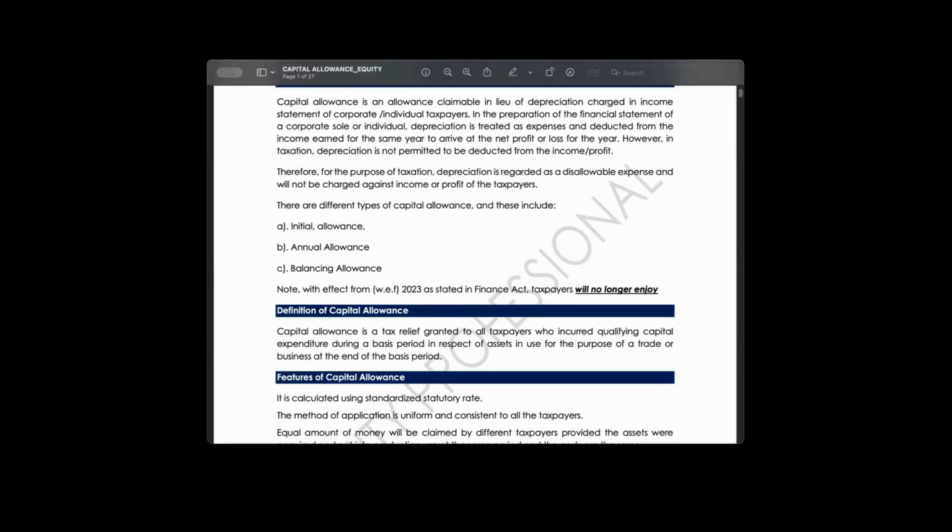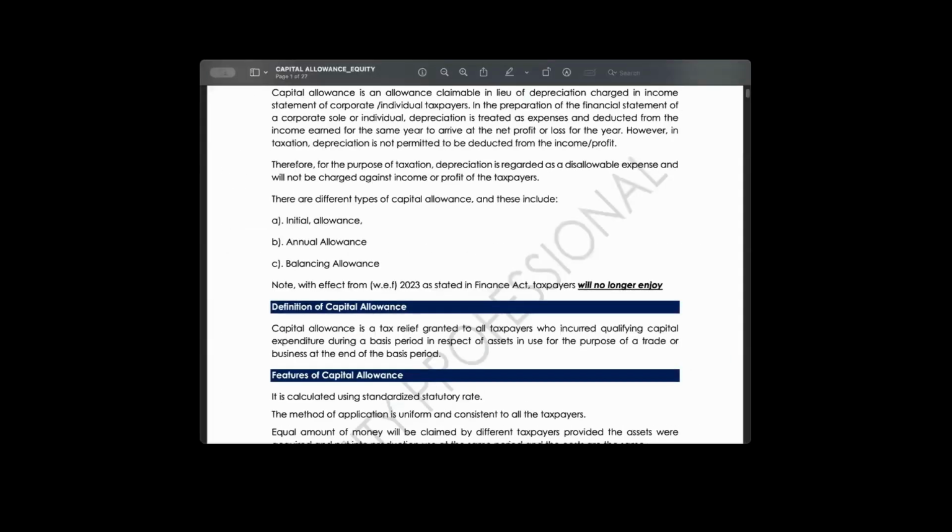And I told you that capital allowance is granted on non-current assets. That is, the same assets that you have in your financial statements are the same assets that we calculate our capital allowance on. Meanwhile, we are now saying that capital allowance is granted on qualifying capital expenditure.